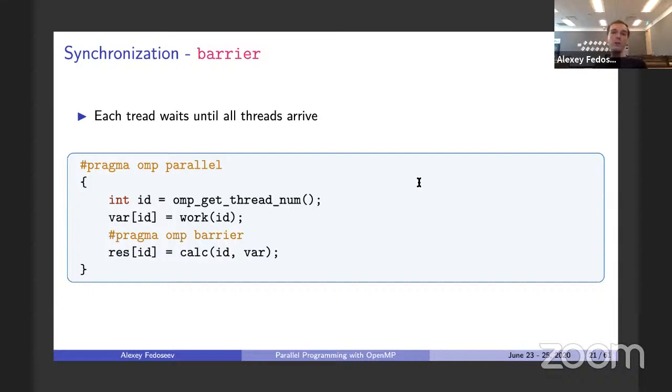So that's a good way to ensure that you don't proceed until all threads finish calculating, because maybe you need to interchange some information between the threads. Like, for example, here's a small code. My calc function needs ID and the var at the same time, so I have to wait till all threads finish with calculating.